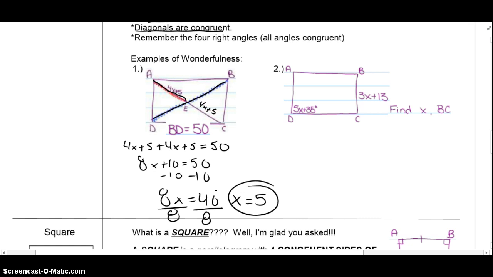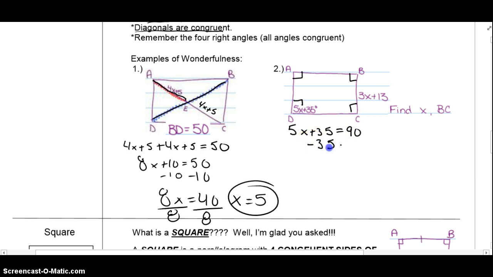Cool. Number 2 then. Got to find x first. In order to find x first, I'm going to take a look at the main property of a rectangle, and that is the 90-degree angles in each and every corner. So what that means here is that 5x plus 35 equals 90. This is what we're going to do to get x.